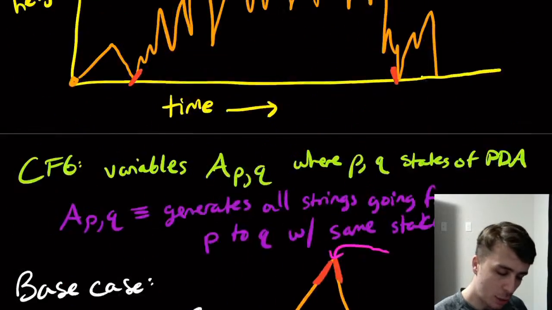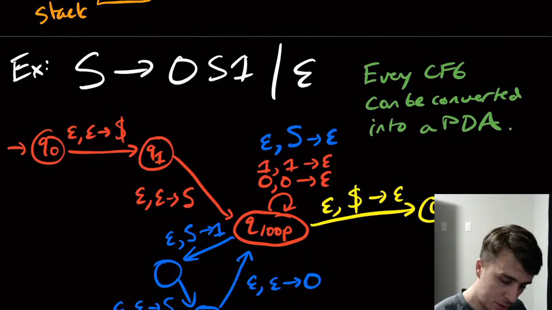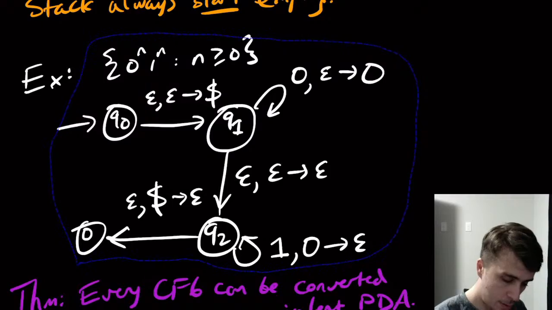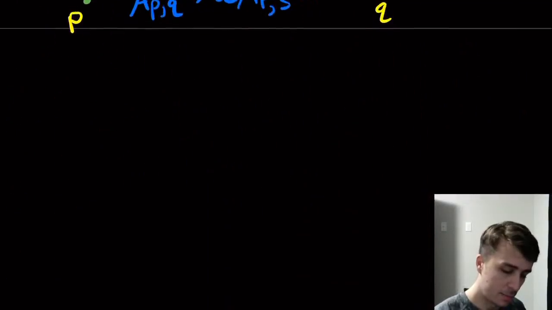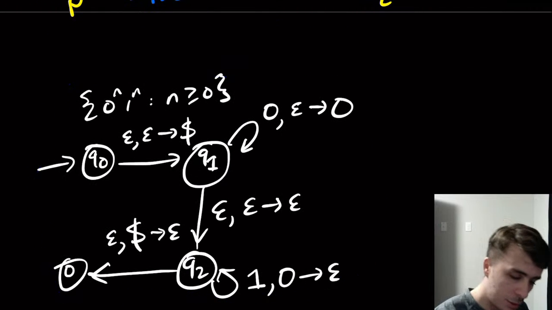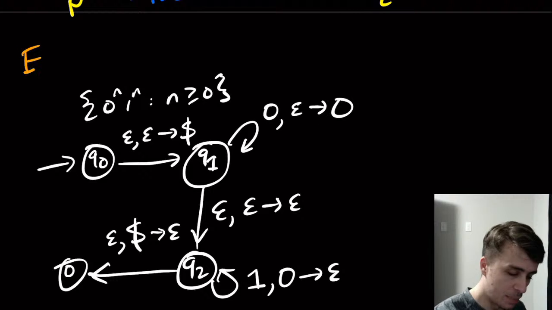Okay, so let's do a quick example of this. Actually, I'll do the one that we did here. So let's copy this big boy down to here. So here's an example.